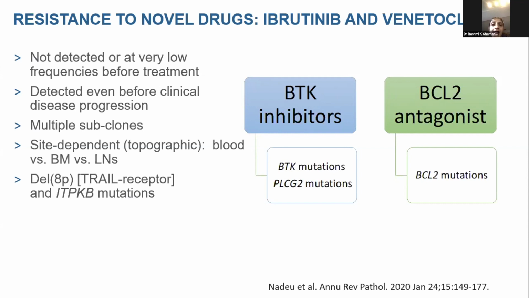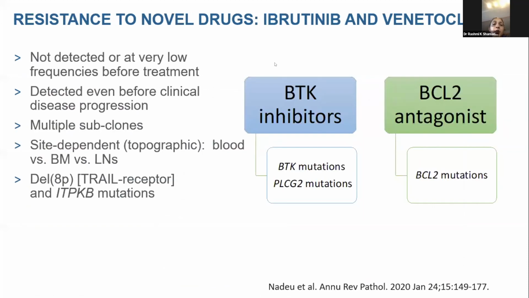Now, these are not present prior to therapy or maybe present at very low frequencies that we cannot identify. The importance is once the patient is started on therapy, when we sequentially perform it, these mutations pop up much earlier than florid clinical progression. So these can be used as markers to identify potential progression, and it can lead to early modification of therapy.